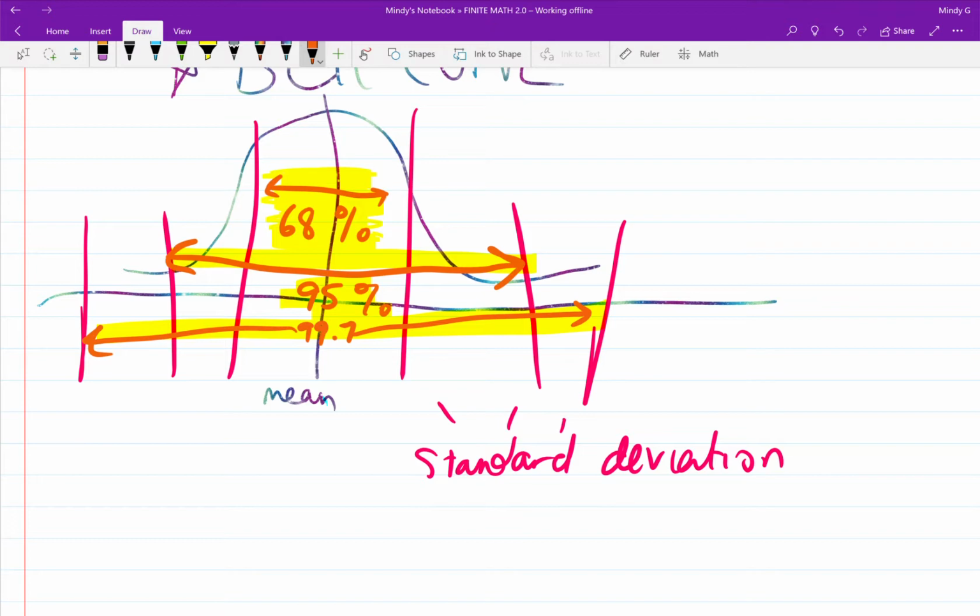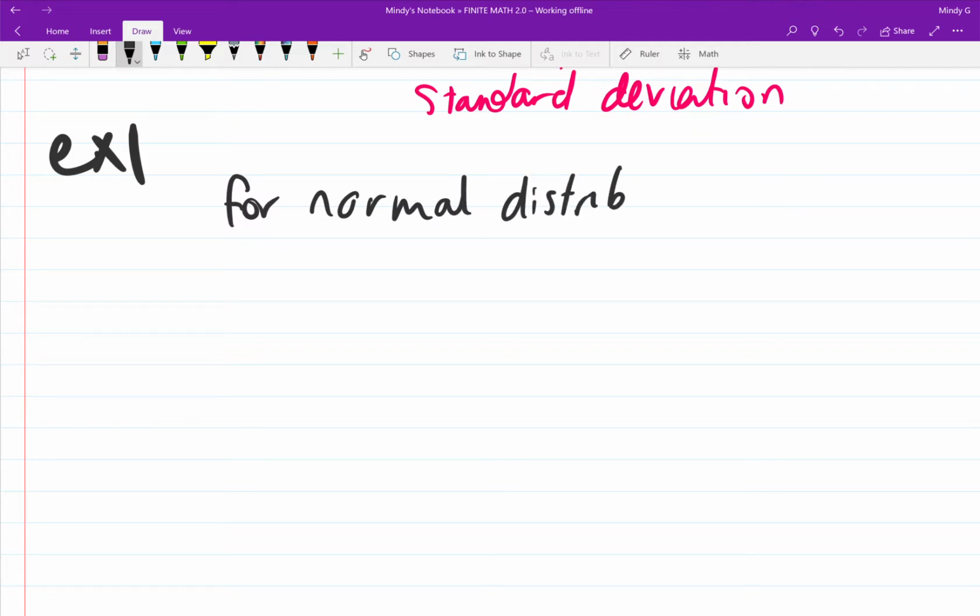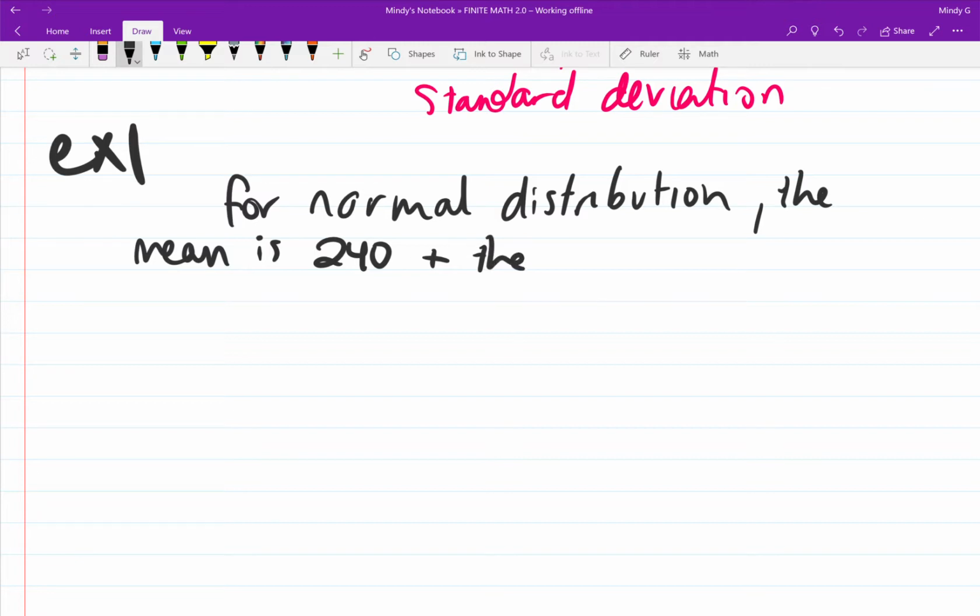Alright, so let's look at an example. Example 1. For a normal distribution, the mean is 240 and the standard deviation is 12.